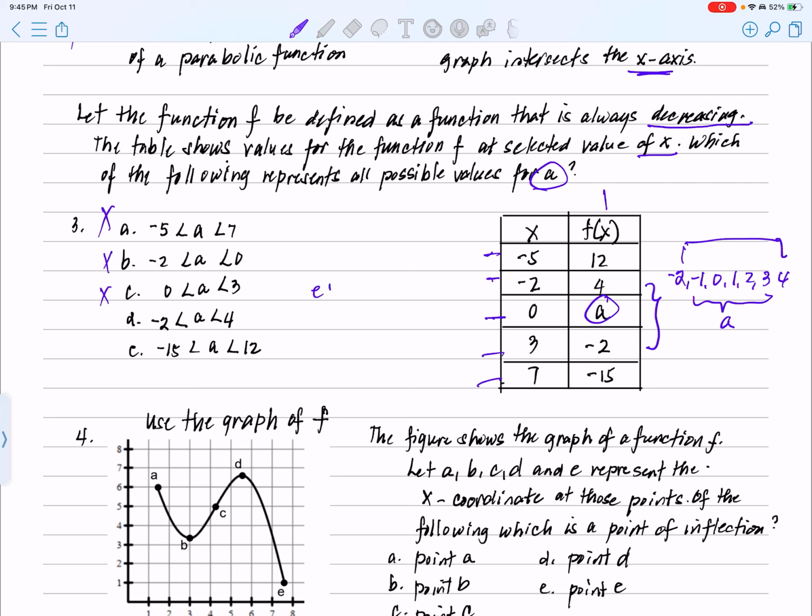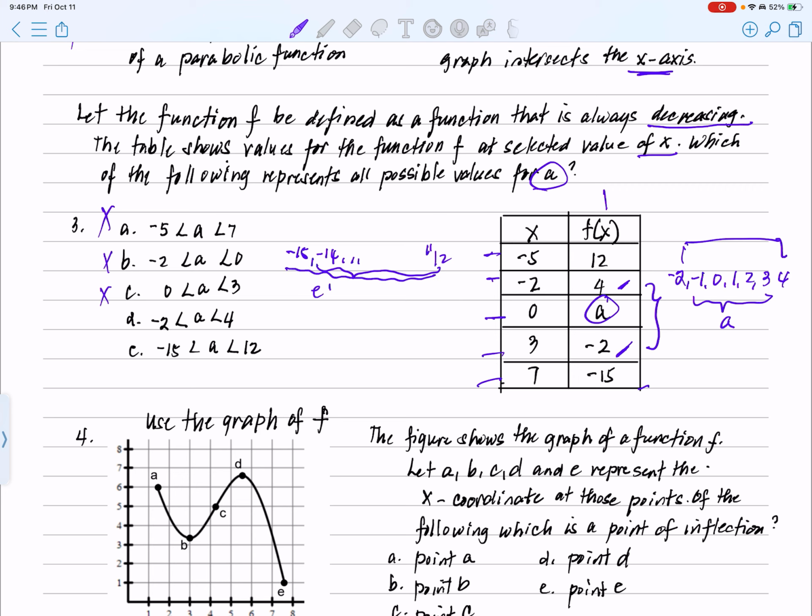If we try to look at E, it is from -15 to 12. So if we say -15, -14, and so on, until we come up with 12. So the possible value for A is between here, positive 11, right? But -2 is already contained in this interval right here.